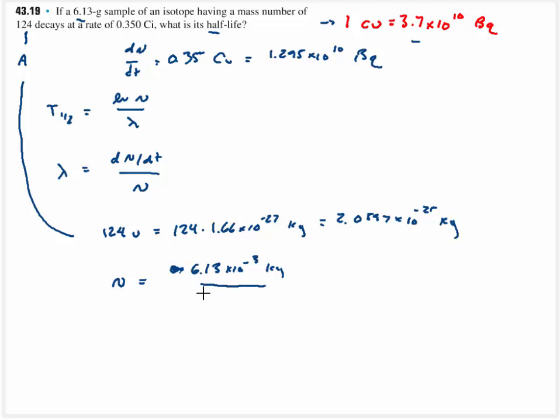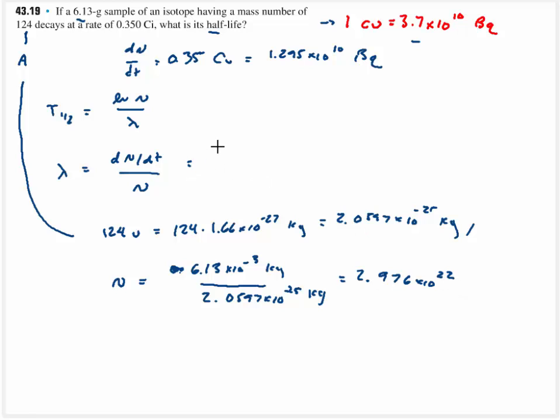And we're going to divide this by 2.0597 times 10 to the negative 25. It's actually kilograms per nucleus. And we're going to figure out that this has a value of 2.976 times 10 to the 22 nuclei.